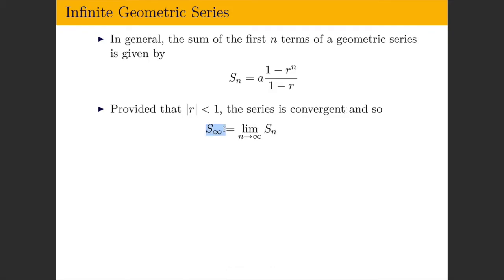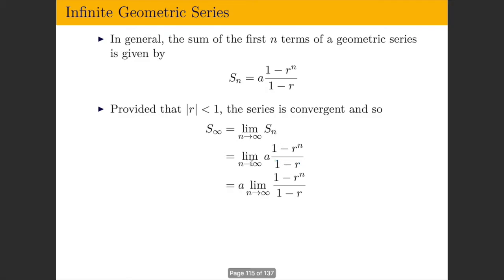Again, the series converges to S infinity, that's my label, which is the limit as n tends to infinity of Sn. So again, we can write this as the limit as n tends to infinity of a times 1 minus r to the n over 1 minus r. Now, remember a and the 1 minus r do not depend on the value of n.